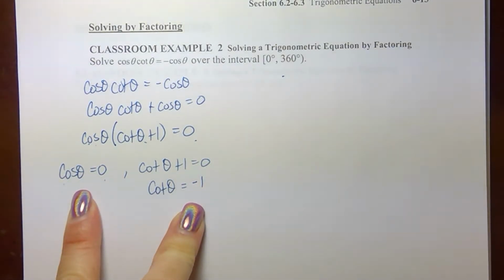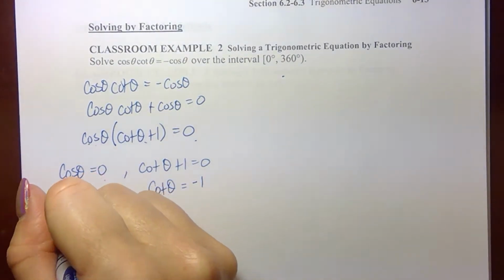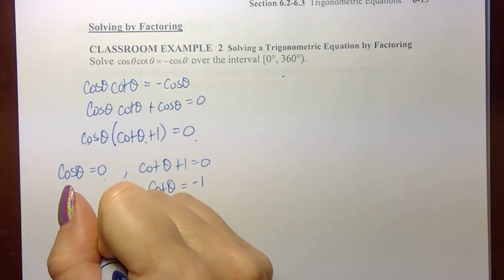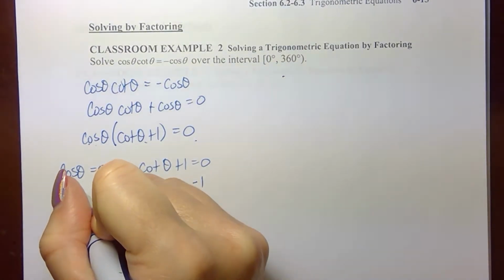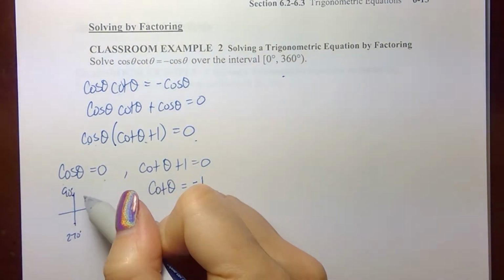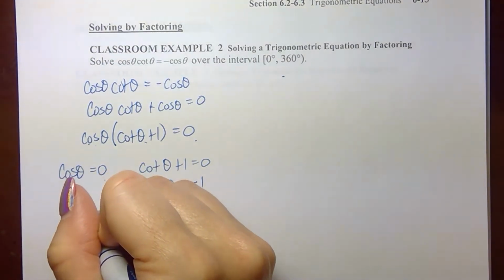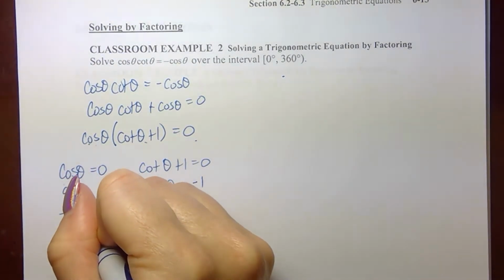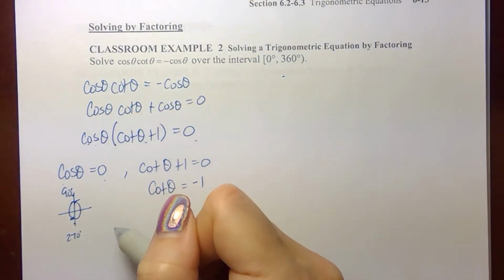So let's think about where this happens. Where is cosine theta equal to 0? Well, cosine theta is equal to 0 at the poles, right? So at 90 degrees and at 270 degrees, cosine theta is equal to 0. And each time we rotate back, we've got another cosine theta value of 0, positive or negative.